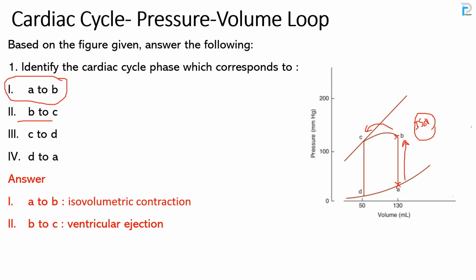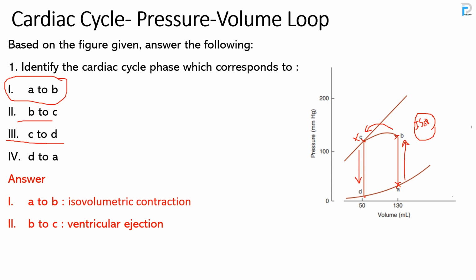Then number 3 here is C to D. In C to D, you have a high pressure going to low pressure. So this means the ventricular pressure is decreasing. Ventricular volume, no change. You see here the ventricular volume at the C point and the D point is the same.